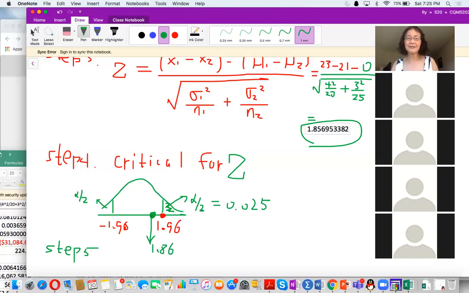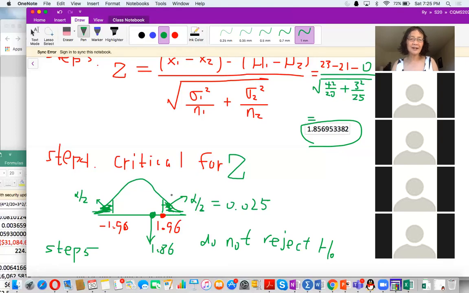Obviously, this test statistic is not in the rejection region. So do not reject H0 because the test statistic is not in the rejection region. Where is the rejection region? Critical value decides rejection region.